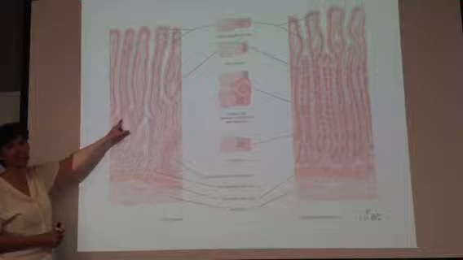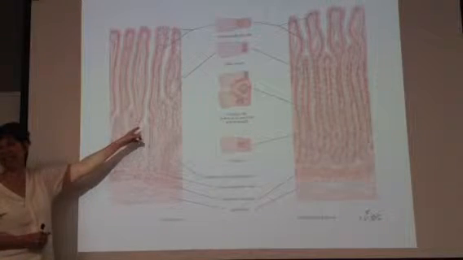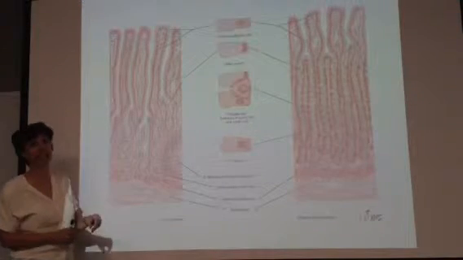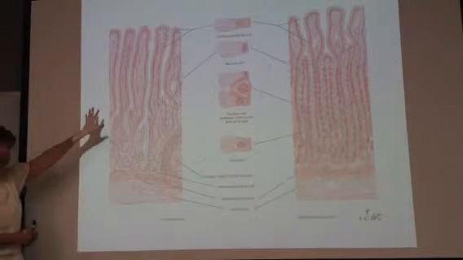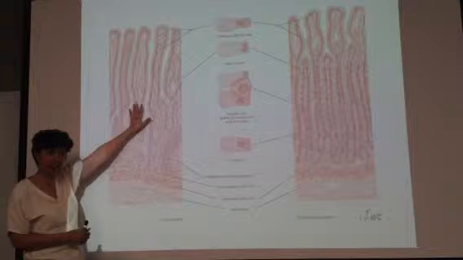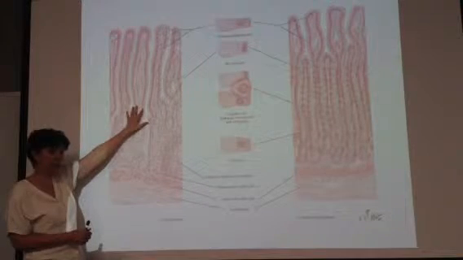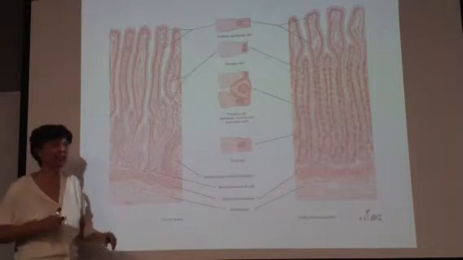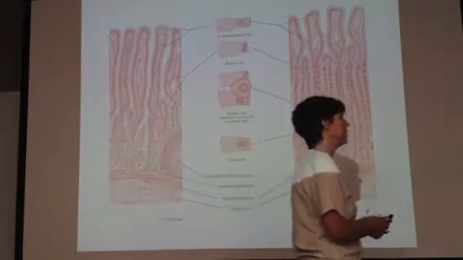This is too easily confused with the small intestine. This starts looking like villi of the small intestine, even though we have the mucus cells and not goblet cells. In the stomach, we would have the mucus cells. If this was the small intestine, these would be goblet cells. But it's getting to be kind of a fine point there.